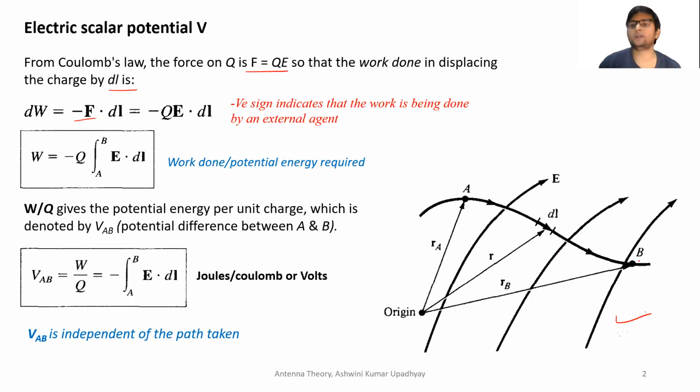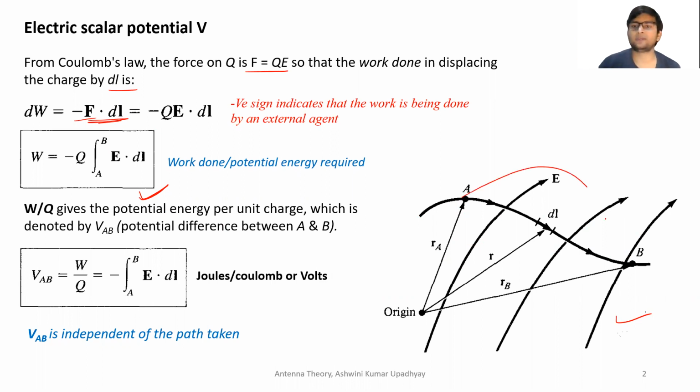So from point A to point B, if you are moving some charge, you have to integrate this quantity, which is minus F dot dl, linearly integrated from point A to point B. So you will get the total work done, or the total potential energy that is required for moving this charge from point A to point B. And it does not matter which path it takes.